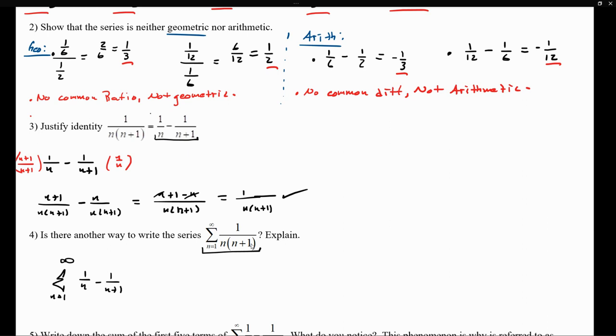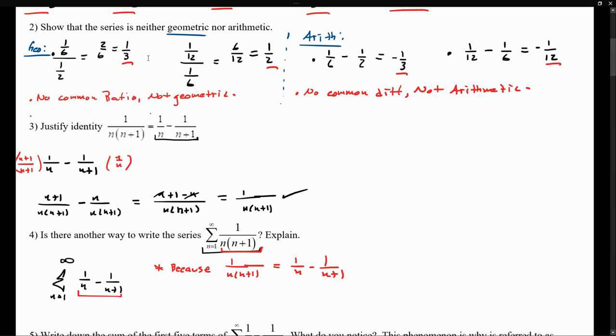This is a new way that we could have written this sum, and it is true because of what we have shown previously. So I can just substitute those expressions.